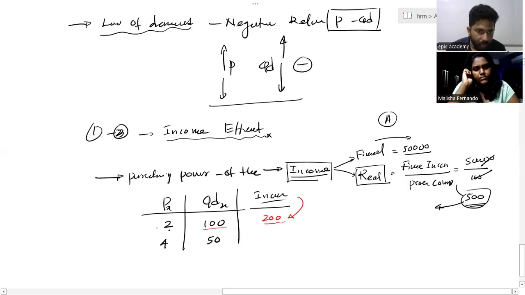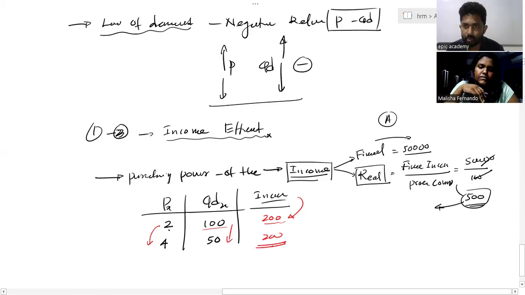Just consider the price of the X commodity increases. What will happen to the buying ability of the people? It reduces. Why? With the price increase, the income of the consumer is not going to increase, because the income of the consumer is constant. So it reduces the purchasing power, the buying ability of the people, and it becomes 50. He can purchase 50 commodities at 4 rupees, and the total expenditure always equals total income.